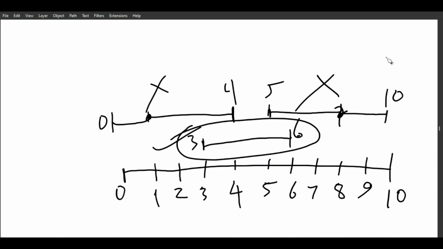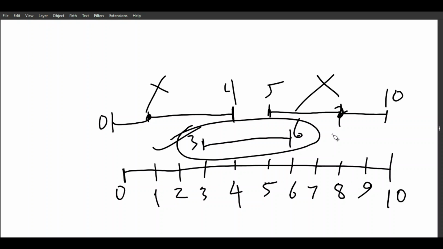So select the interval with the fewest conflicts. Now I will explain this idea. For the interval from 3 to 6, it has 2 conflicts: the interval 0 to 4 and the interval 5 to 10. For 0 to 4, we compute the number of conflicts, meaning the number of overlapping intervals. It is only 1, 3 to 6. For 5 to 10 also, the single overlapping interval is 3 to 6.